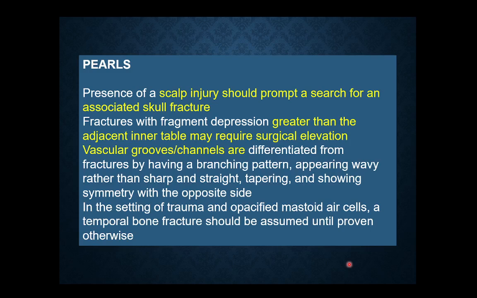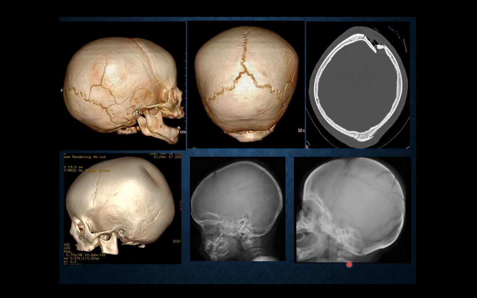If it is fractured and depressed more than the thickness of the inner table of the skull, it needs surgical intervention, because if you don't correct it, it will cause parenchymal hemorrhages and complications regarding hematomas. So it is important to identify depressed skull fractures. I will show you later on.